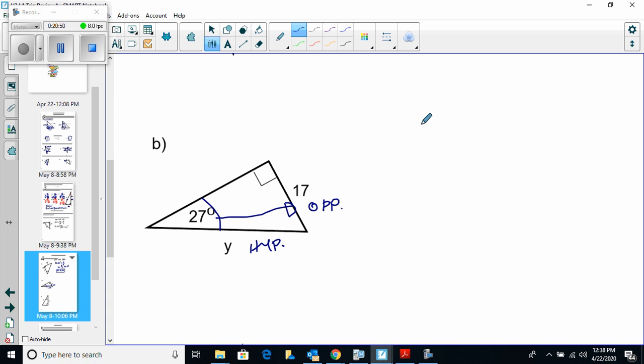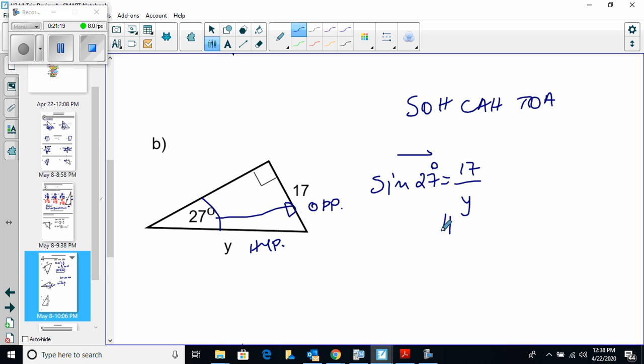So now, remember SOH CAH TOA, the ratio that relates opposite and hypotenuse is sine. So then we will write sine 27 degrees is equal to opposite over hypotenuse, so 17 over y. From here, we find that y is equal to 17 over sine 27 degrees.